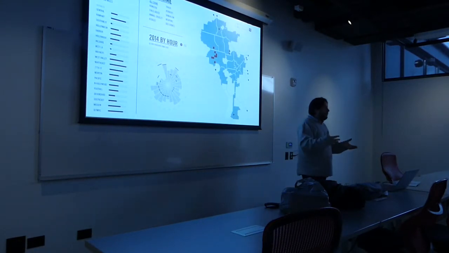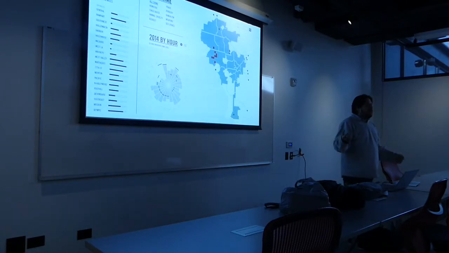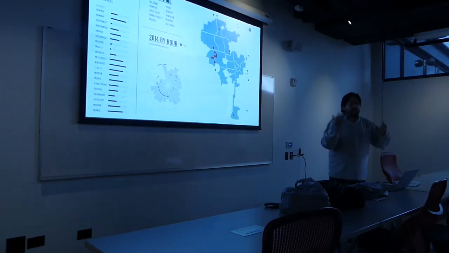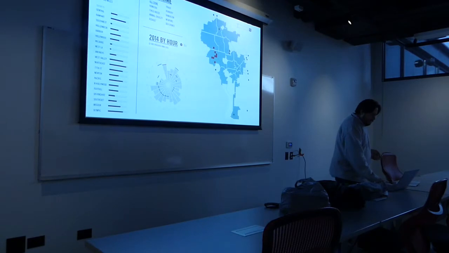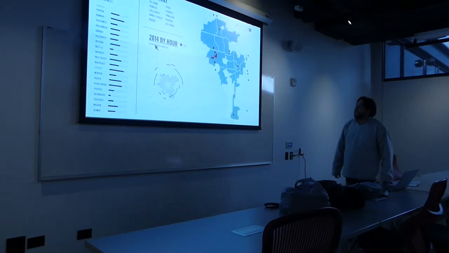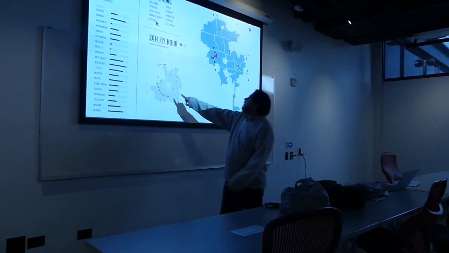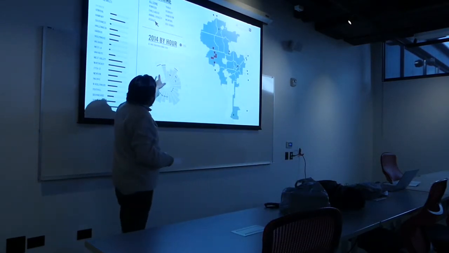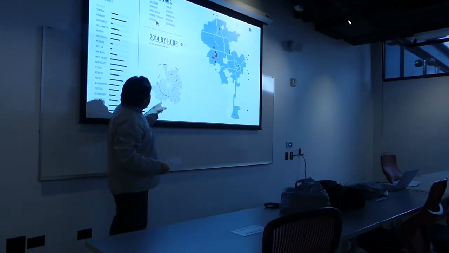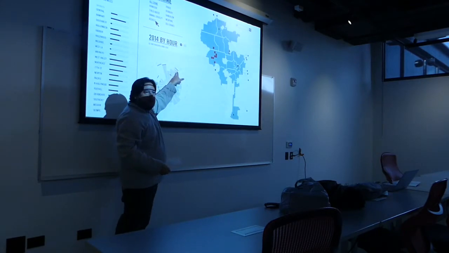They came up with their personas, which you guys are very familiar with. One of the personas was a student trying to move into USC. So they punch USC into the interface. And then down here, we have this clock-like interface. This is showing the average of crime across the different hours of the day.